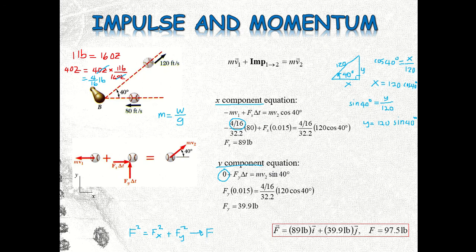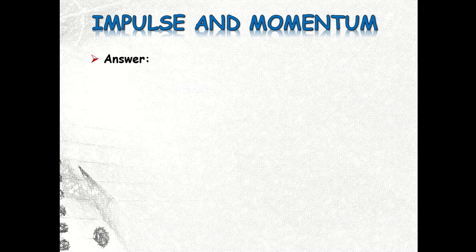So we have f equal to the square root of f sub x squared plus f sub y squared. That's why you have f equal to 97.5 pounds. That is how to get the total force, the resultant force.